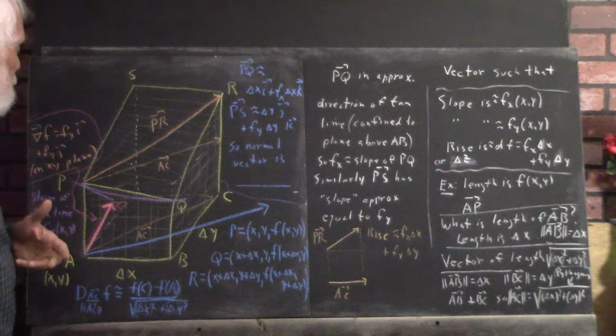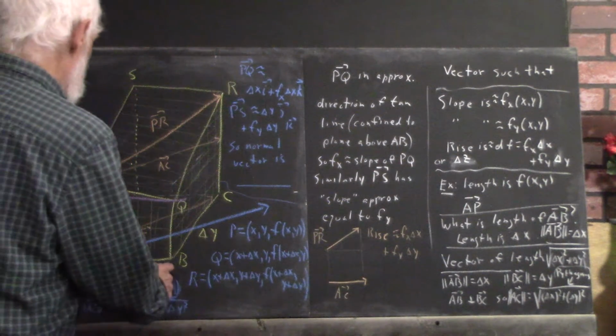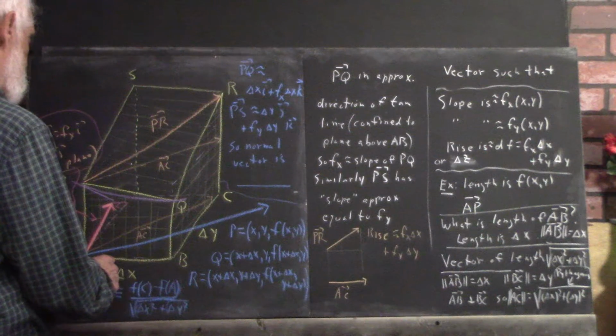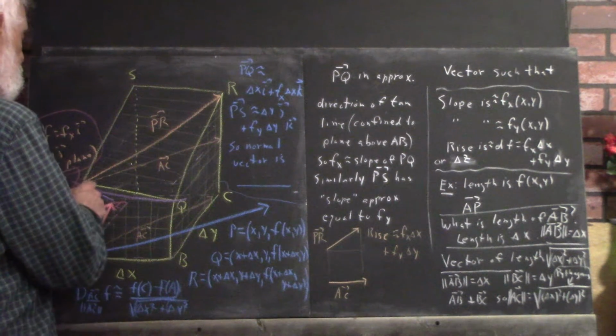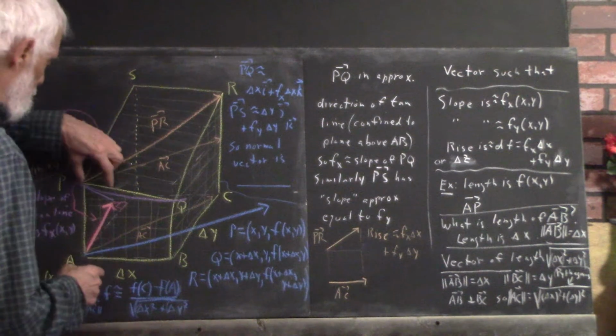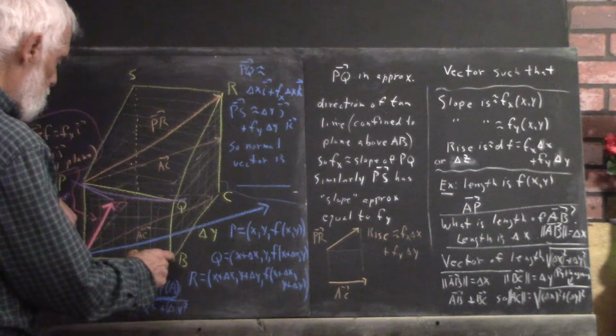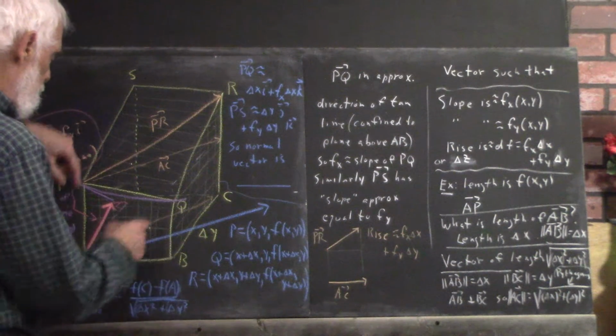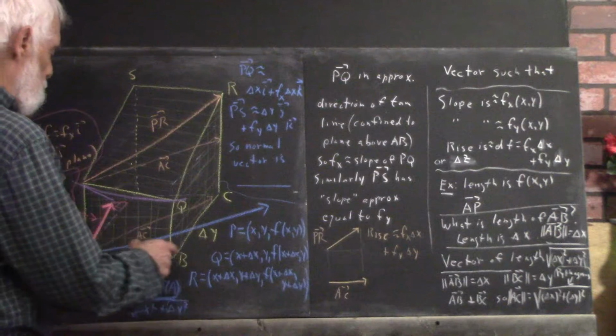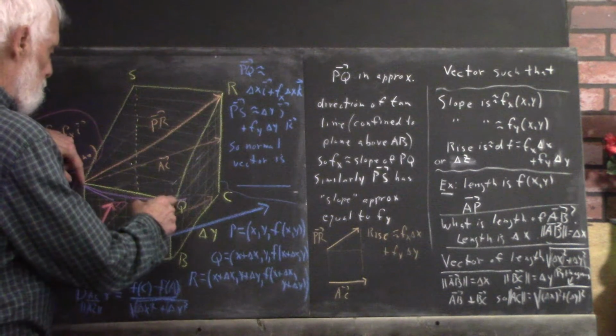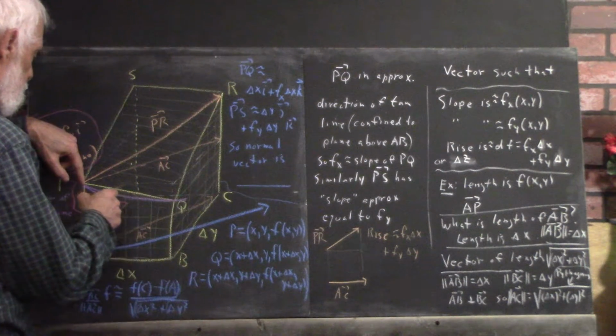Okay. As delta x approaches 0, the two points that you use on that curve get closer and closer together. So you imagine shrinking delta x. The Q point moves from here to here to here and so forth.